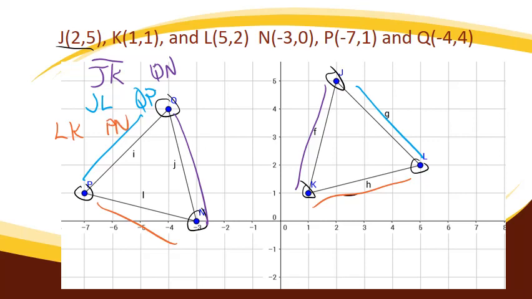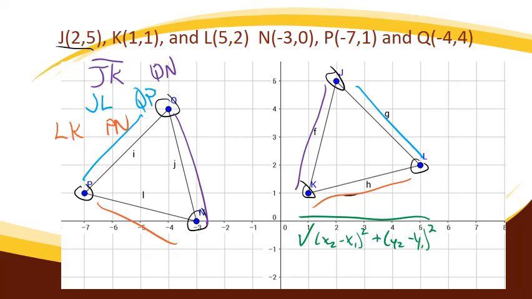Now, we're going to go over here to the next slide, and we're going to use our distance formula to determine that. But now remember what our distance formula is. On the coordinate plane, it is the square root of x2 minus x1 squared plus y2 minus y1 squared. Square root of all of that will give us the distance of these various segments.